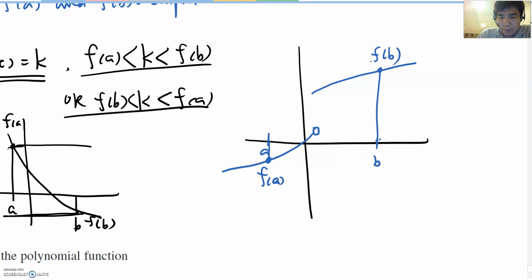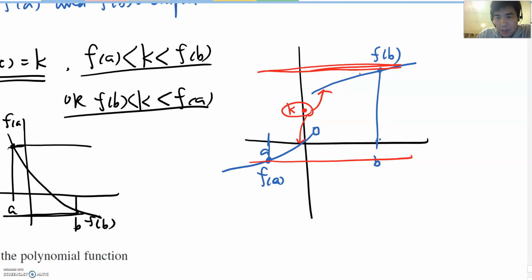Even now we can make an interval between these two, right? However, maybe k exists right here. Then obviously this does not belong to either this line or these lines. Therefore, if the function is not continuous, then we cannot apply the intermediate value theorem at all.